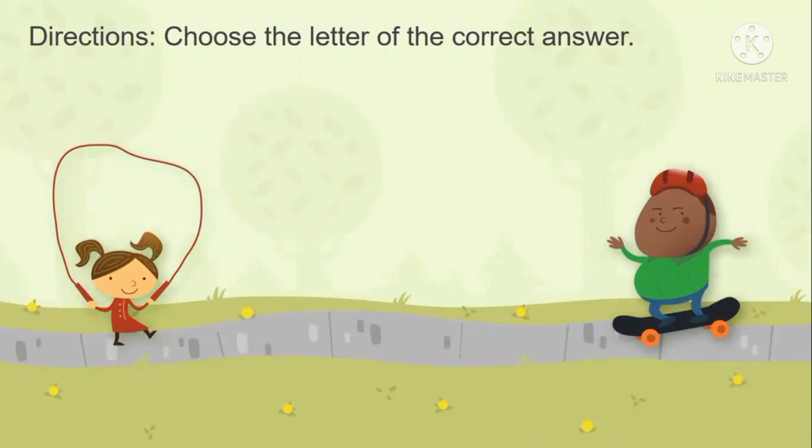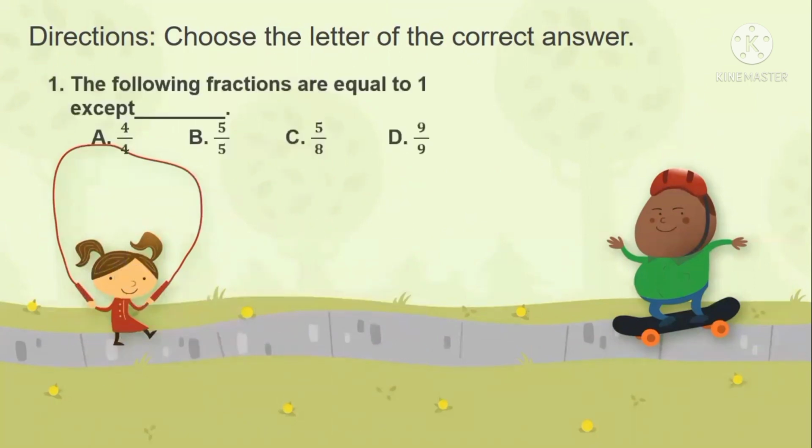You just simply write the letter of the correct answer in your answer sheet. Number 1. The following fractions are equal to 1 except: A. 4/4, B. 5/5, C. 5/8, D. 9/9.